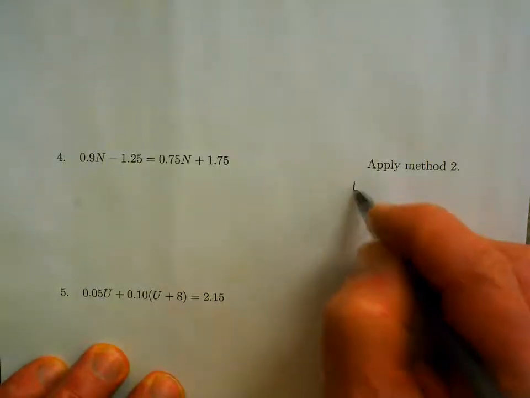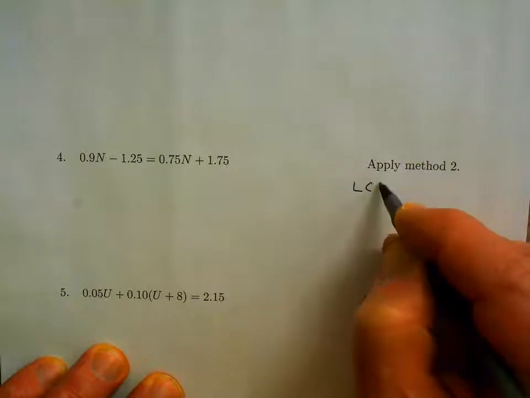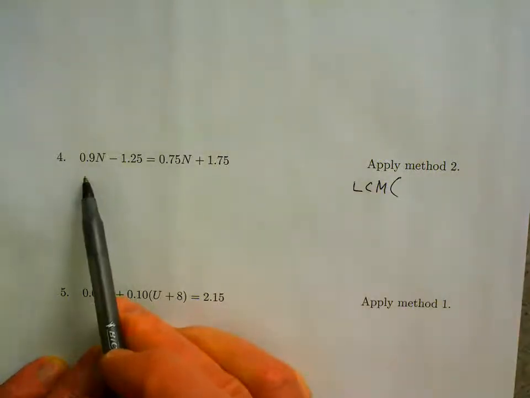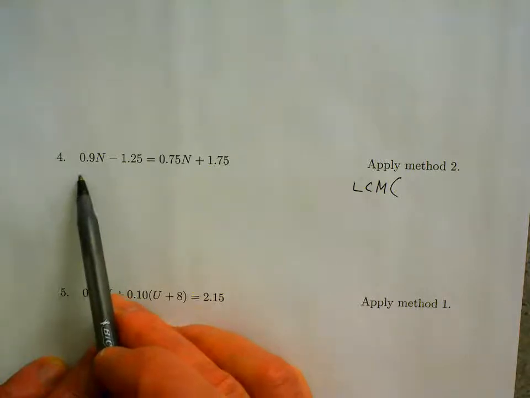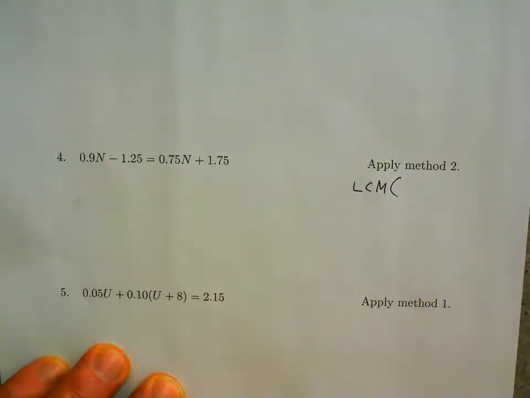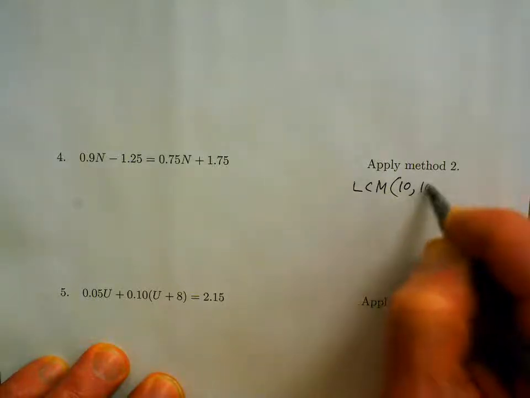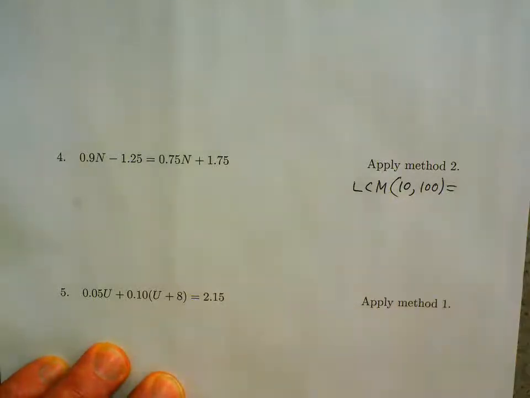So the least common multiple of the denominators, well, the denominators are 10 and 100. So the least common multiple of 10 and 100 is what? 100. Yeah, 100 is a multiple of 10 because 10 times 10 is 100. And 100 is a multiple of 100 because 100 times 1 is 100.